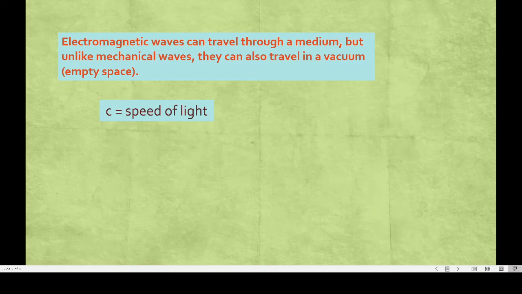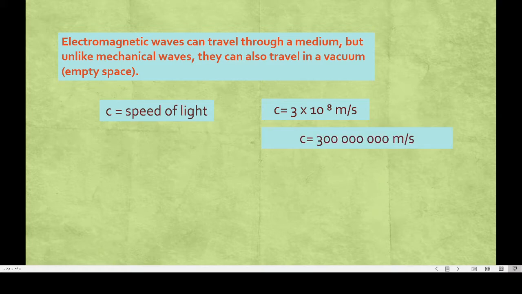The speed of light has a value of 3 times 10 raised to 8 meters per second, or 300 million meters per second. We also discussed the different characteristics of electromagnetic waves, which include the frequency as well as the wavelength.